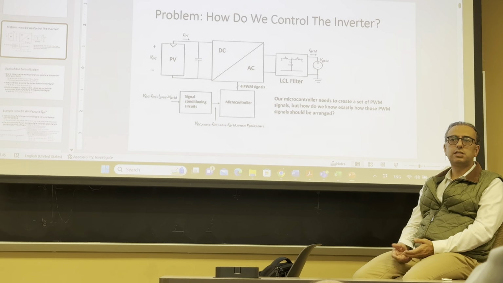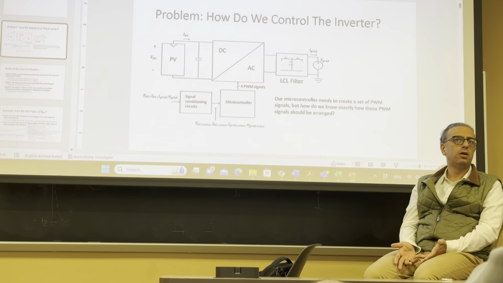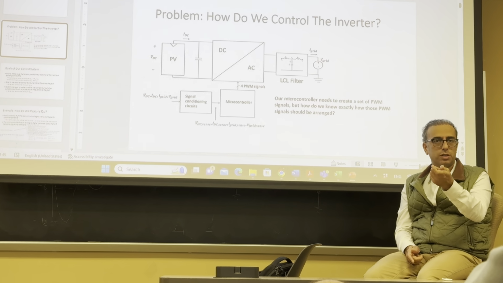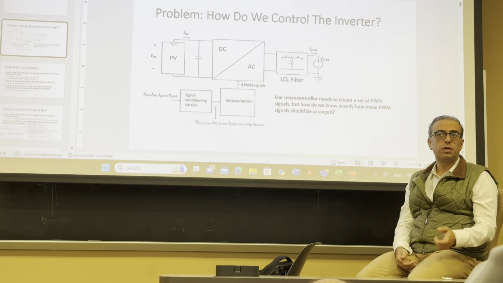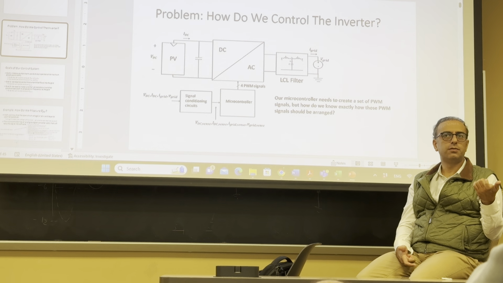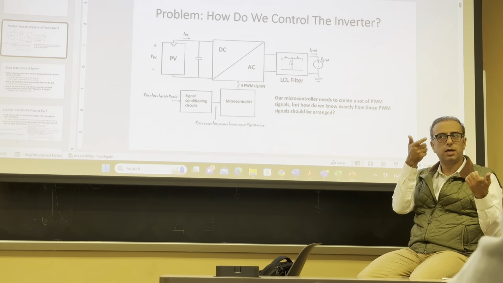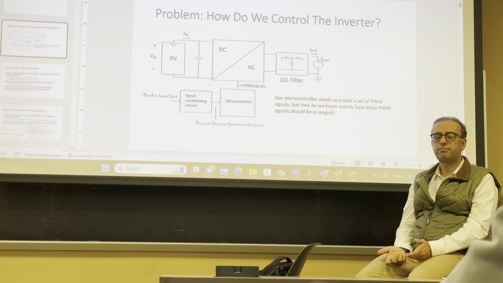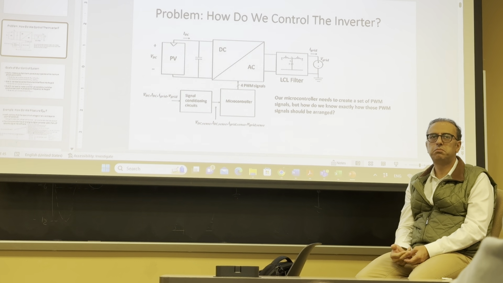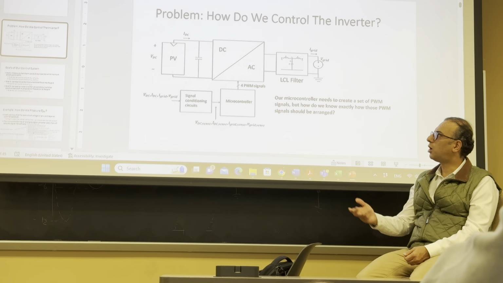So if you use a simple PI compensator, PI is a first order system. With a first order compensator on a second order system, it may not be optimal in terms of power quality.